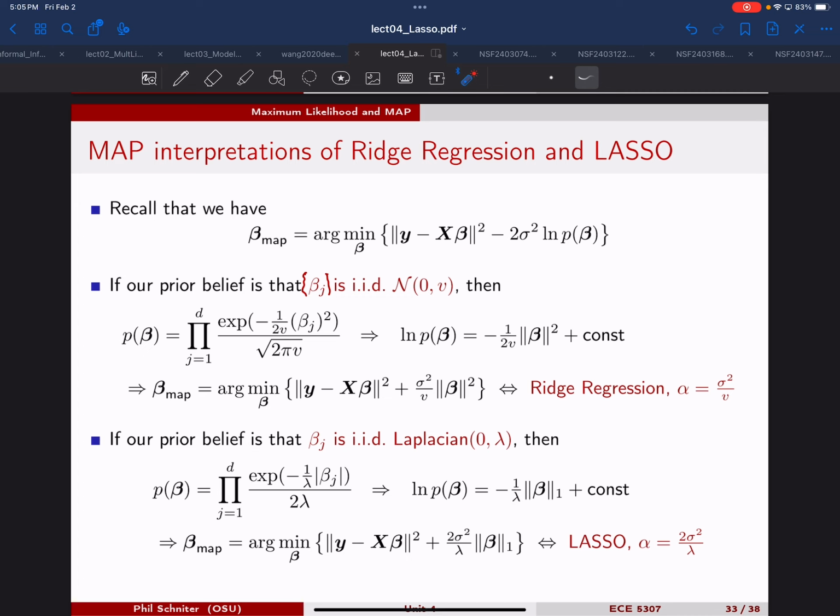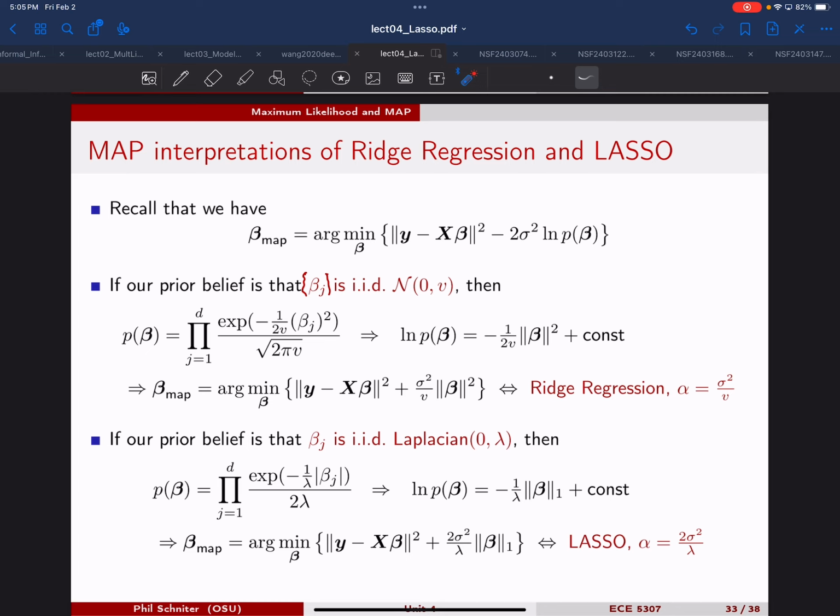And then when we take the log, as we want to do here, that turns the product into a sum. Actually, sorry, this is just the log. So we get this term here plus a constant. It's the 2 norm of beta squared, and then we plug this back into here. We can ignore the constant because we're minimizing over beta, and we get exactly this ridge regression regularization term, but now with a very specific weight alpha.